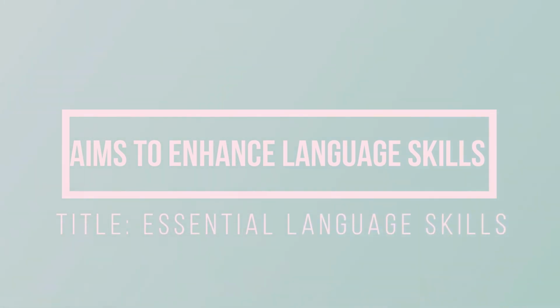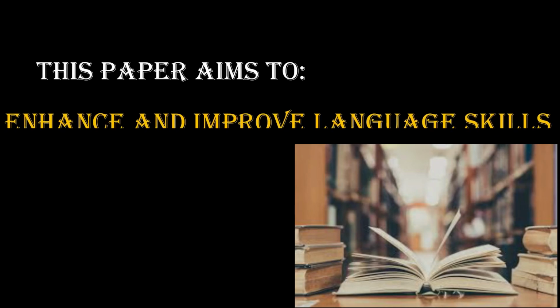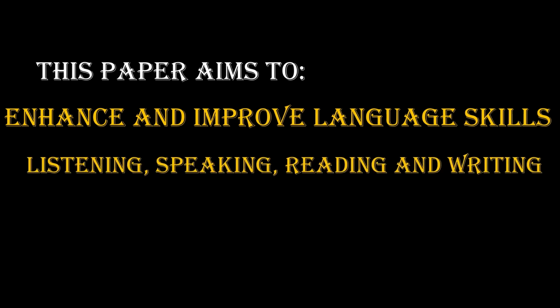As this paper aims to enhance your language skills, and the title of this paper is Essential Language Skills, that indicates that the aim of this paper is to enhance and improve your English language skills, which are listening, speaking, reading, and writing.